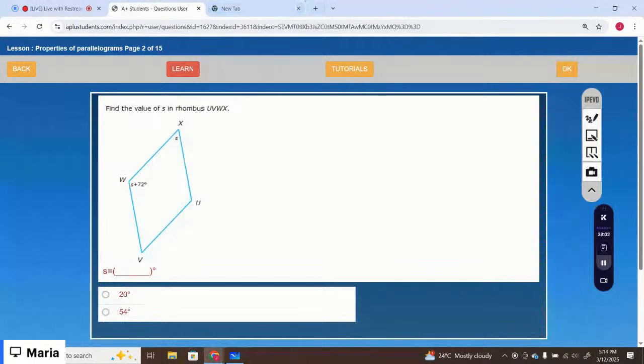Find the value of S in the rhombus UVWX. So which is the correct option?